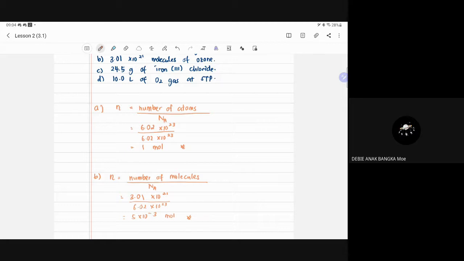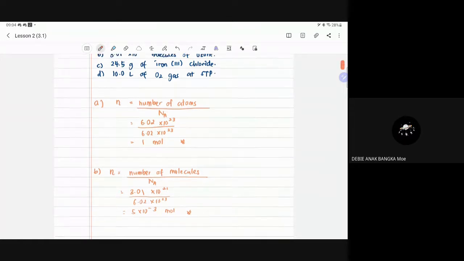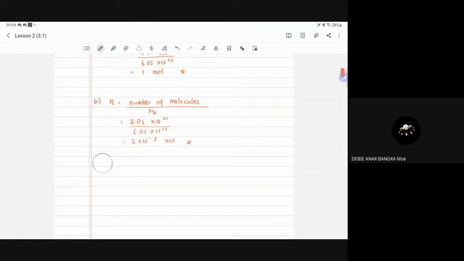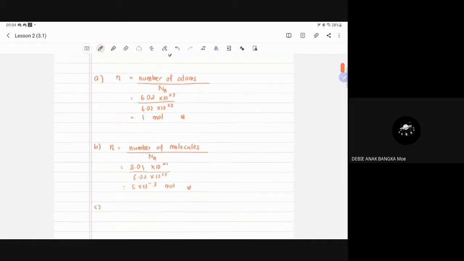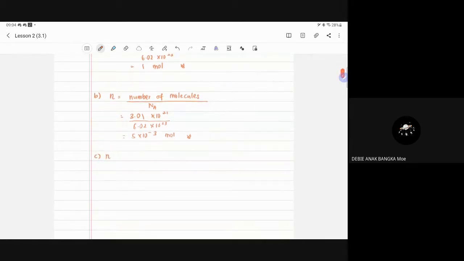And then the next question. 24.5 grams of iron 3 chloride. Okay. So iron 3 chloride. Okay. So untuk C, the number of mole is equals to mass, okay, ataupun M, mass of FeCl3 divided by Mr dia.